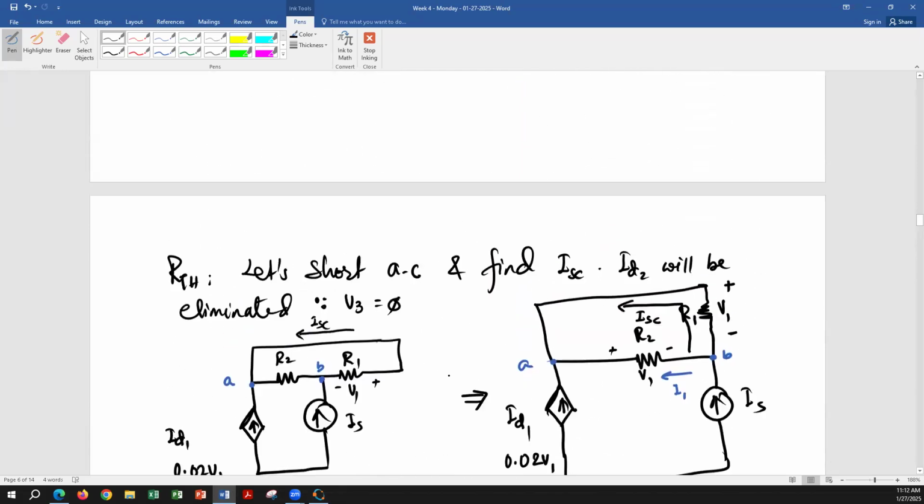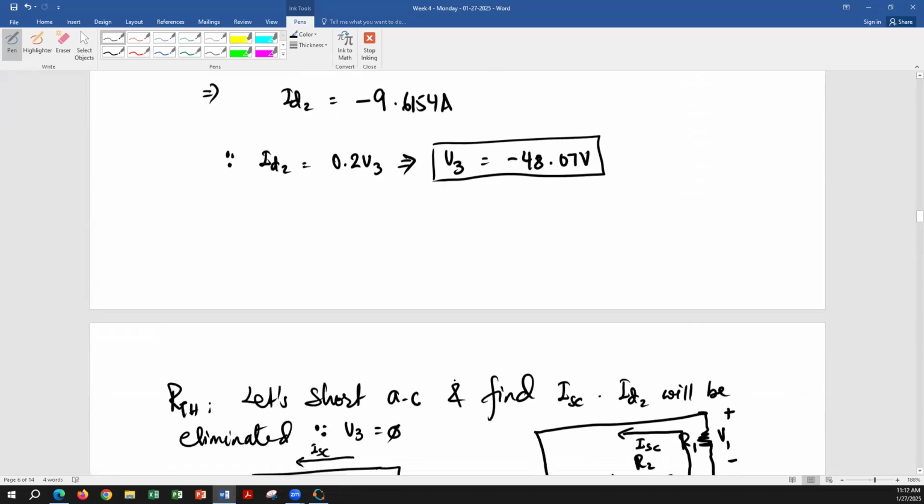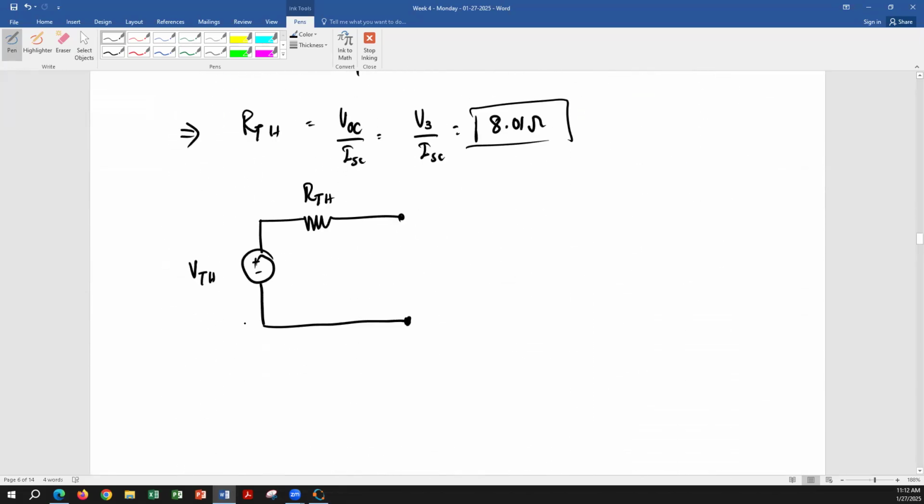V Thevenin is what, 48.07. That's going to be our Thevenin circuit.